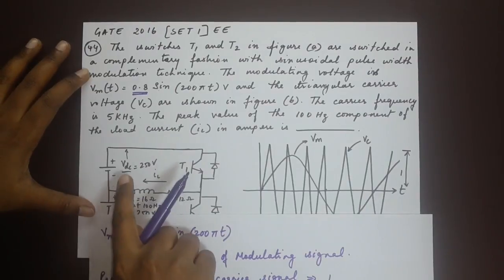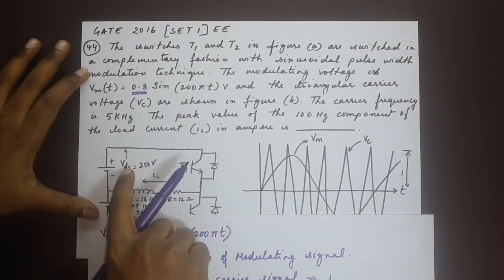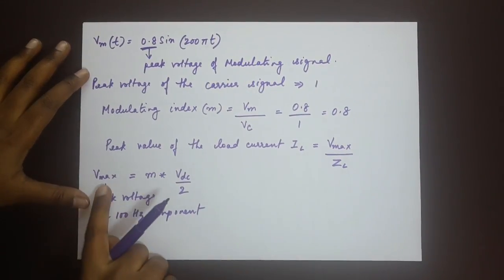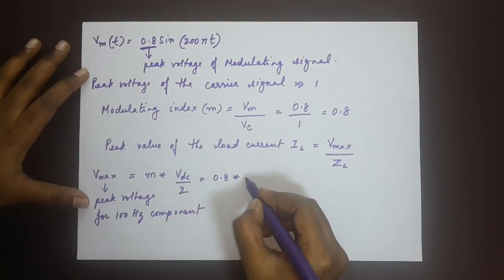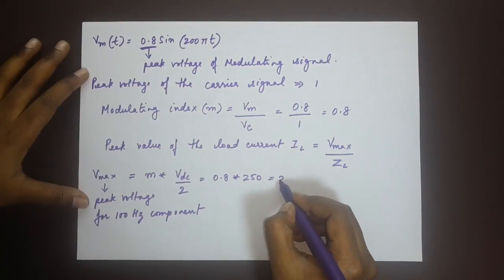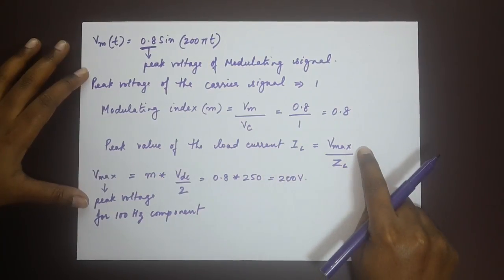So here we have the supply VDC by 2 given for each switch. So VDC by 2 multiplied by the modulating index will give us Vmax. So that's 0.8 into 250. 0.8 into 250 is 200 volts. So we have 200 volts as Vmax.